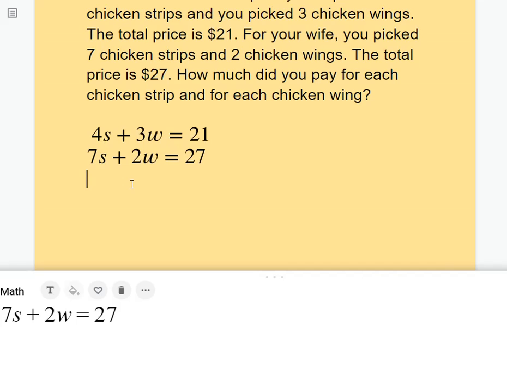That will tell you how much. If we get S equals 5, that means one strip costs you $5. If we get W equals 10, that means 1 wing costs you $10. So that's how you conceptualize that. If you just think clearly, this is what is going on.